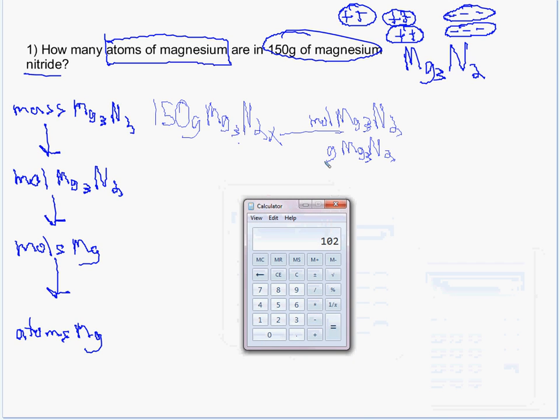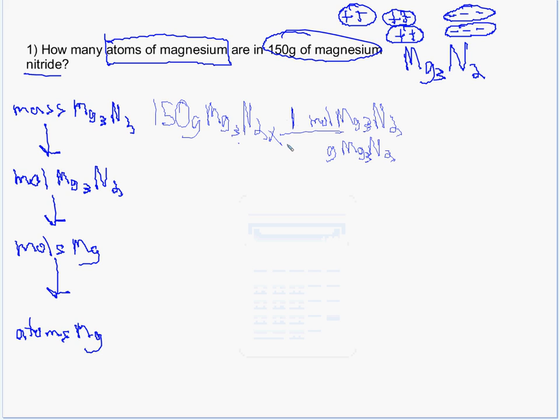Magnesium has a molar mass of 24 on the periodic table. There are 3 of them, so that's 72. Nitrogen has a mass of 14, so that's 28 plus 72. Wow, even 100, nice. So that's 1 mole for every 100 grams of Mg3N2. So the grams cancels out. 150 divided by 100 is just 1.5.